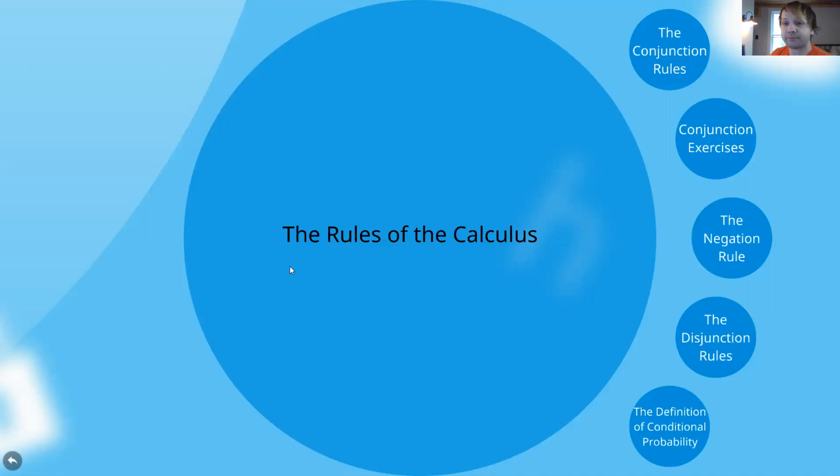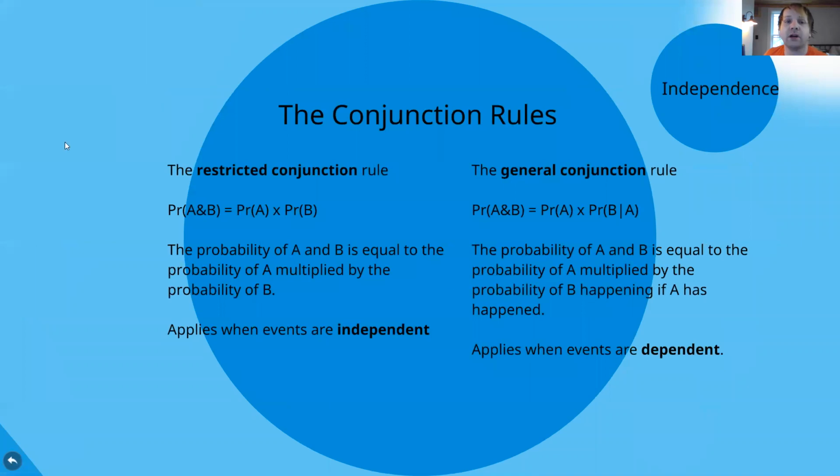So let's just go over real quick what the past rules were so far, just to make sure that we review things and that you see, importantly, the contrast between the conjunction rules and the disjunction rules. So recall that there were two conjunction rules: the restricted conjunction rule and the general conjunction rule. The restricted conjunction rule just says that the probability of a conjunction is equal to the product of each of the individual events in the conjunction.